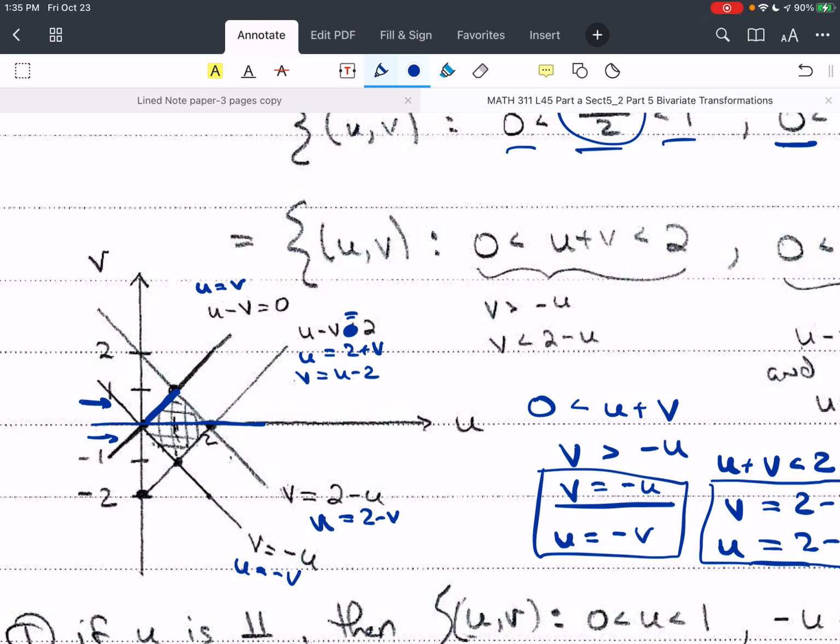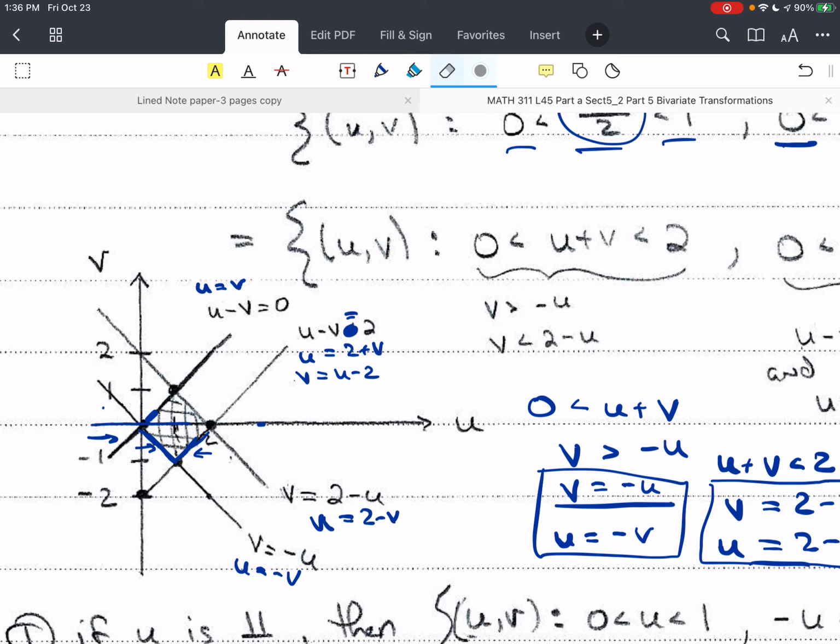And then if v is less than 0, or between 0 and -1, then this line is what I first encounter. And this is the second line. So depending on whether I'm above or below the u-axis, that determines whether I'm using this line and this line as my limits, or this line and this line, in the u direction.